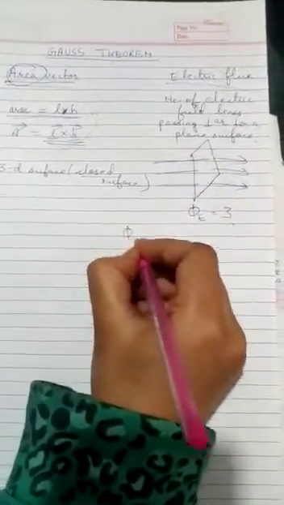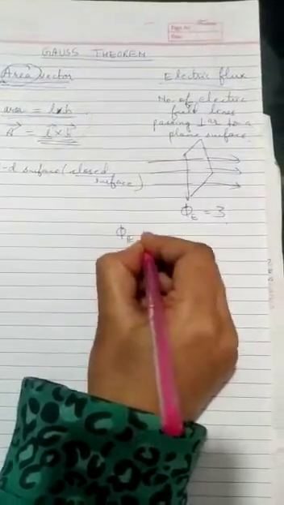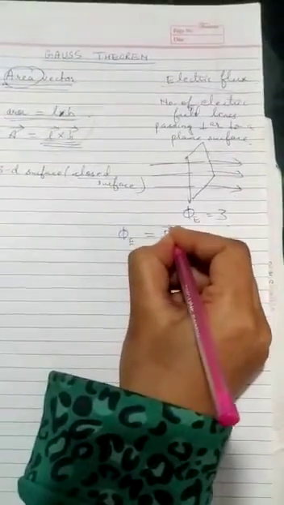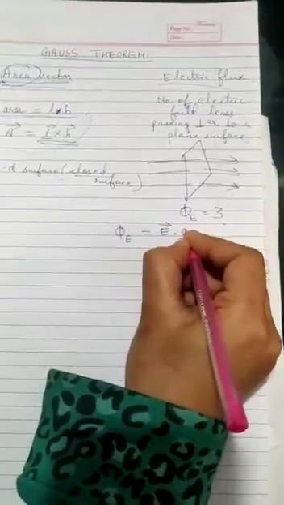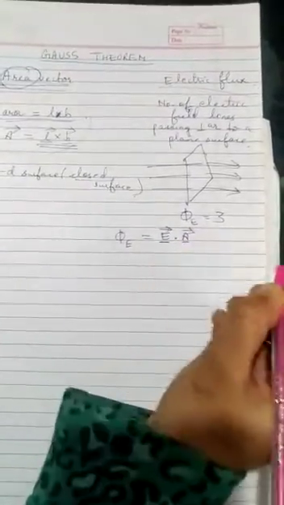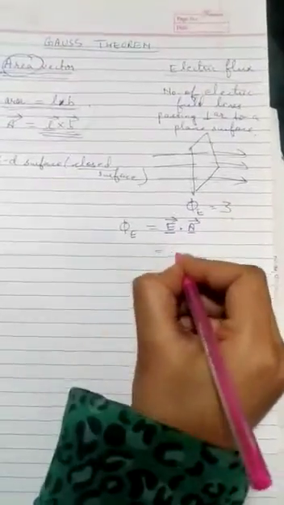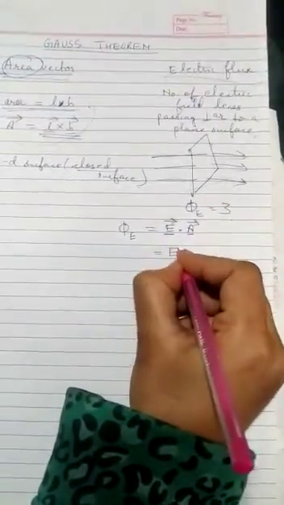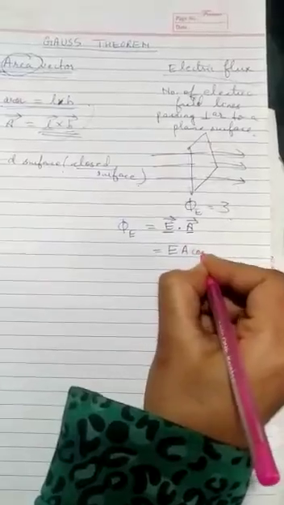Now the formula for electric flux is the dot product of electric field intensity and the area vector. If you want to write this in scalar, it will be EA cos theta.